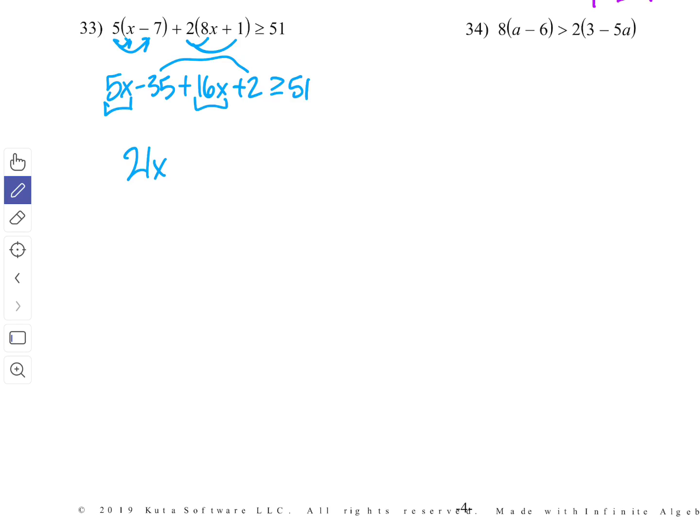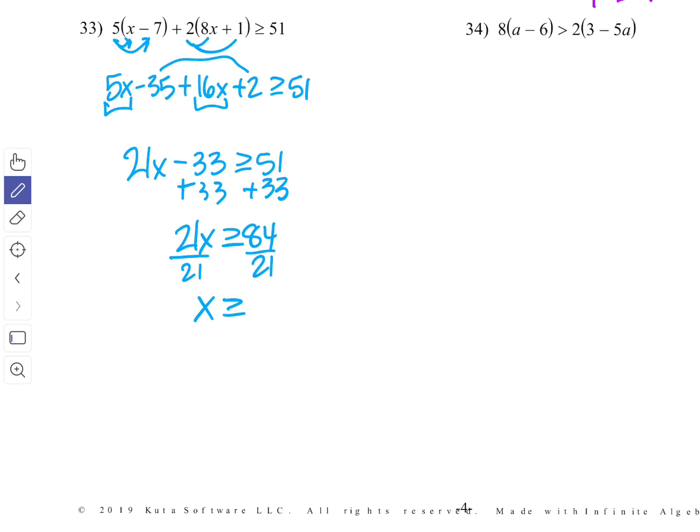Negative 35 and positive 2, negative 33, add 33. Divide by 21, and x equals 4. X, oh, not equals, x is greater than or equal to 4.